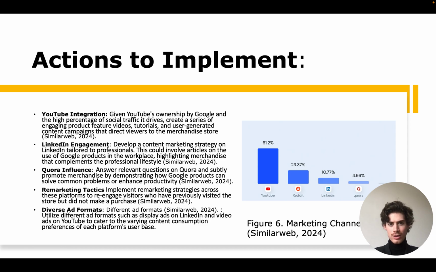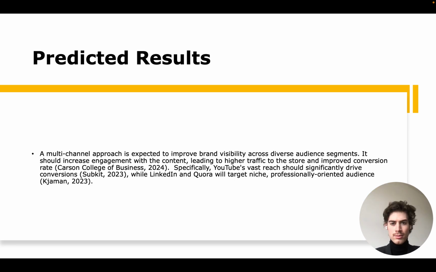Implement remarketing strategies across these platforms to re-engage visitors who have previously visited the store but did not make a purchase. And fifth, diverse ad formats. Utilize different ad formats, such as display ads on LinkedIn and video ads on YouTube, to cater to the varying content consumption preferences of each platform's user base.